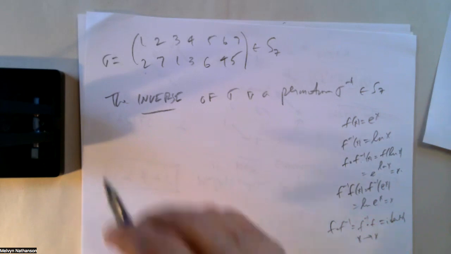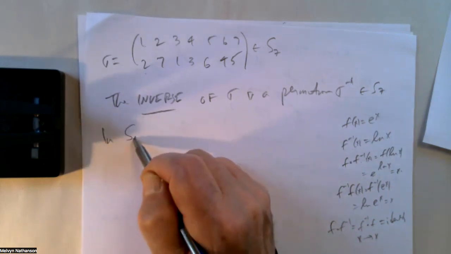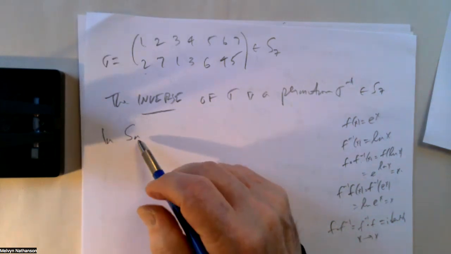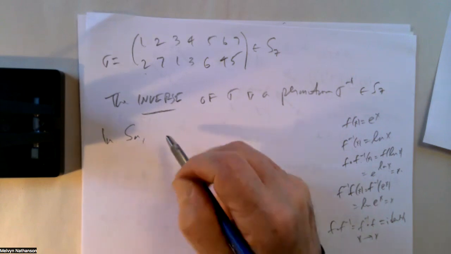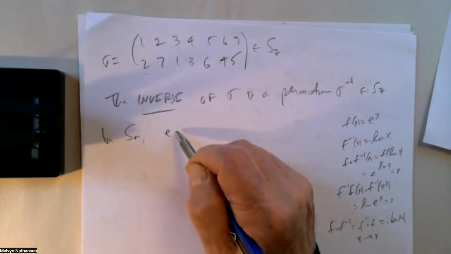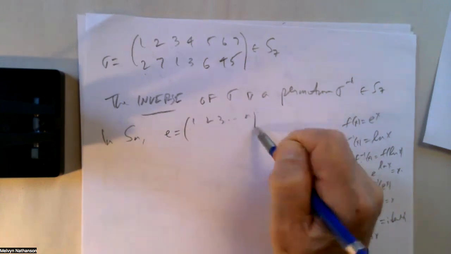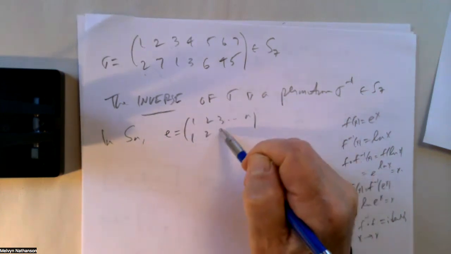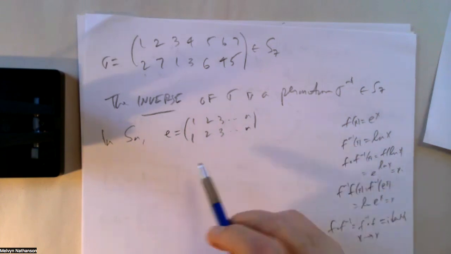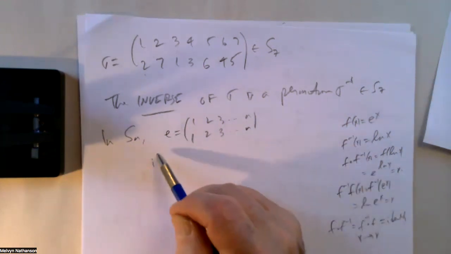Now, in the set of permutations Sn, the permutation which we call E sends every number to itself. So this is the identity permutation.